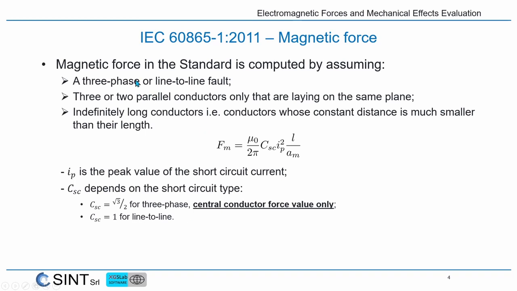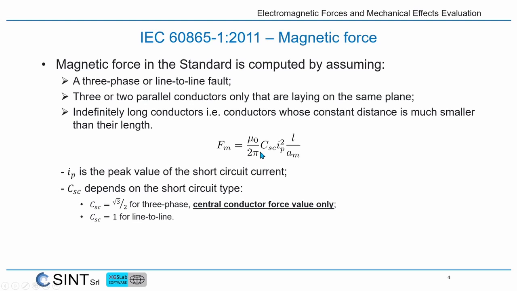The magnetic force, as proposed in the standard, is computed by assuming a three-phase or line-to-line fault only. And it is also assumed that we have three or two parallel conductors that are laying on the same plane. And it also considers that the conductors are indefinitely long, in the sense that the distance is constant and is much smaller with respect to the conductor's length.